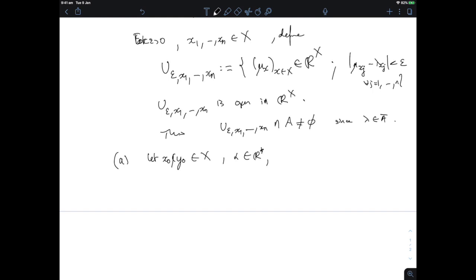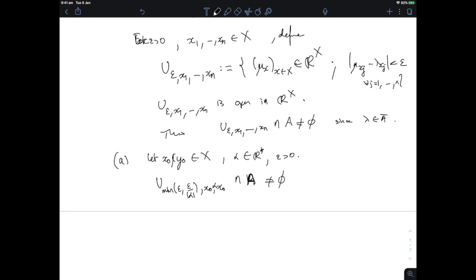And then I'm going to give myself an arbitrary epsilon of room. And now, the first thing is to say I have U of minimum of epsilon and epsilon divided by absolute value of alpha, at x0, y0, x0 plus y0 and alpha x0. This has to intersect A.